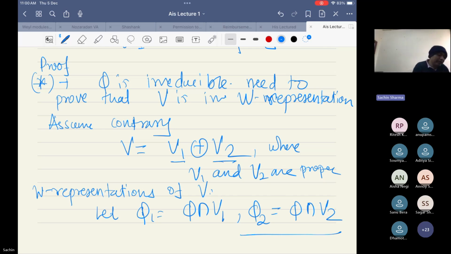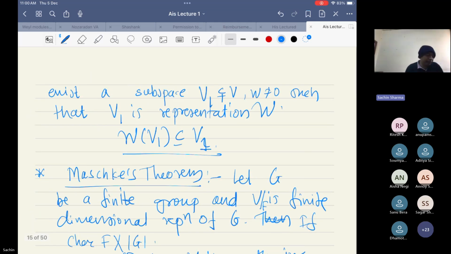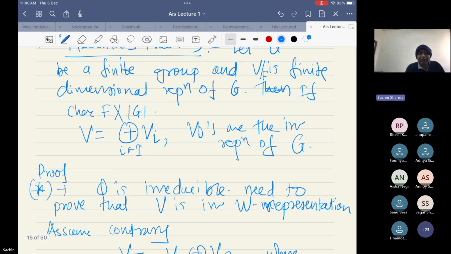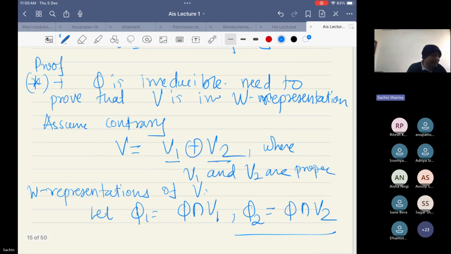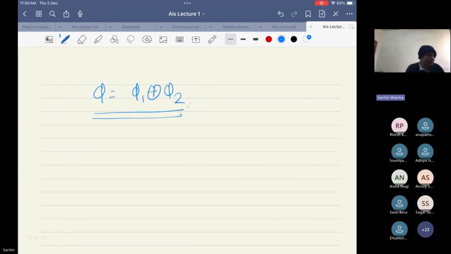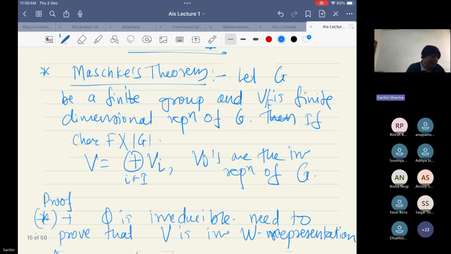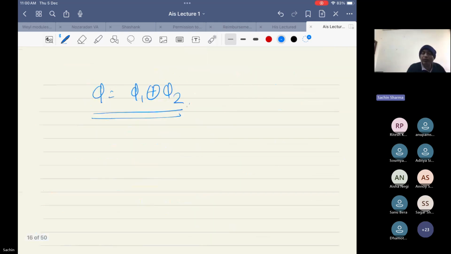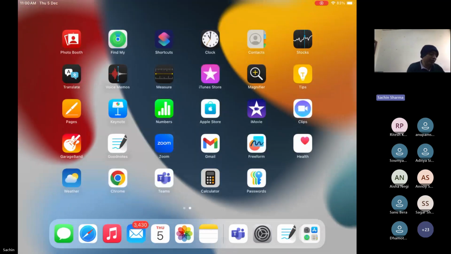You will be done if you show that phi is equal to phi 1 union phi 2, and that phi 1 and phi 2 are root systems, which we will continue tomorrow. But just read some of the basic stuff related to group representation and you can complete this proof yourself, using the invariance of S alphas. Note that V1 and V2 are W invariant.